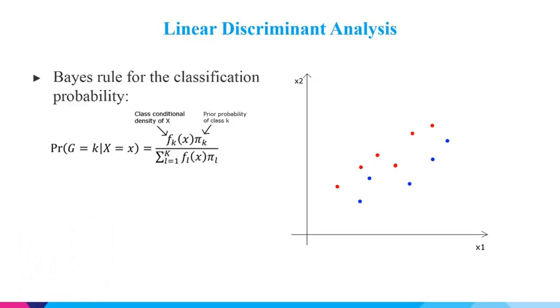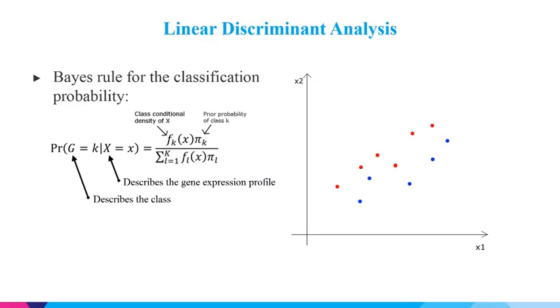Now, we can define a variable, we'll call it g, and g can take on two values, red or blue, as it describes the class. And we'll also define another variable x, which describes the gene expression profile. Then you can use Bayes' probability to write an expression for the conditional probability of g conditioned on x.